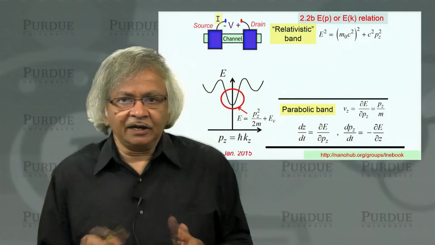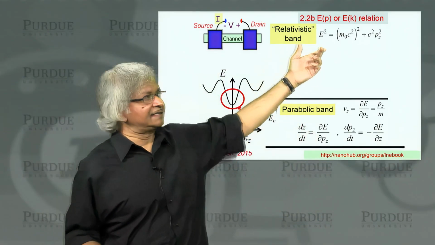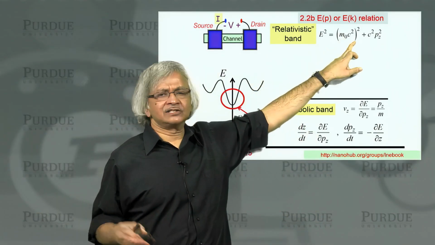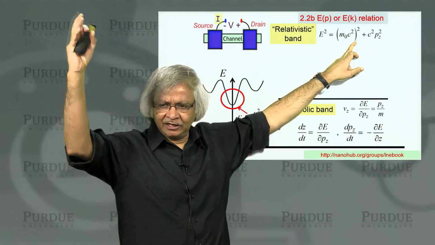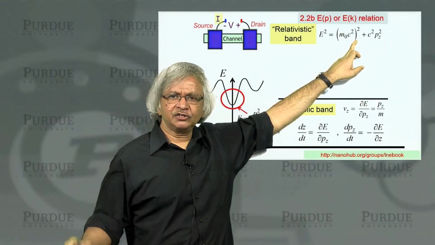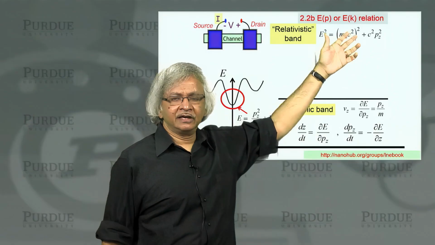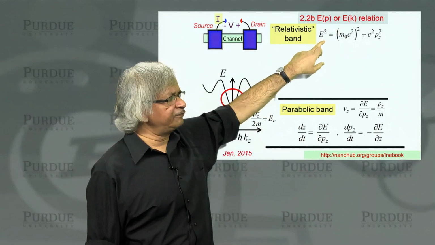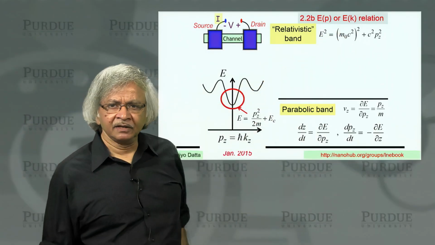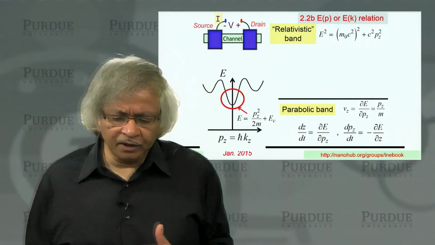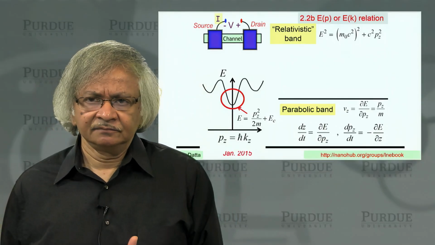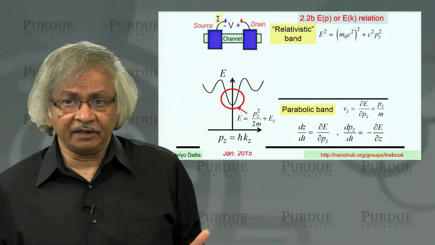But when you have an energy momentum relation looking like this in a solid, that c is not the velocity of light. It's usually a couple of orders of magnitude smaller. Right? It's just mathematically that it has that form. And the question we're asking is, if that's your energy momentum relation, then what is the relationship between momentum and velocity? Is it p equals mv or is it something else?